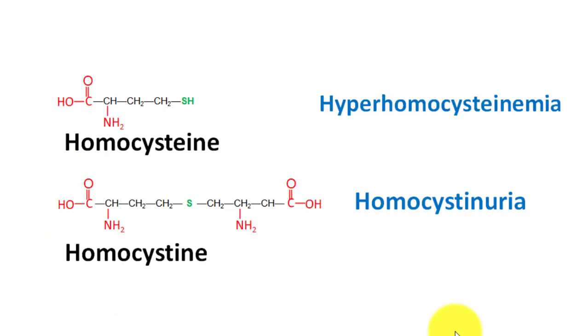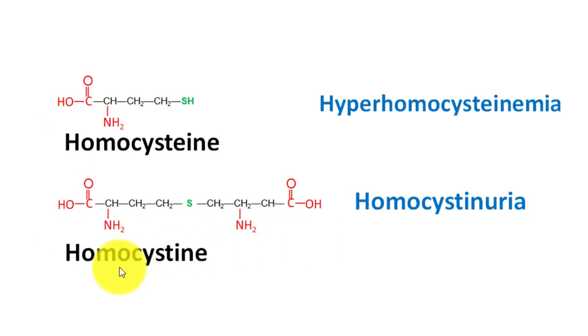Now let's talk about these two conditions, homocystine and homocysteine. Homocysteine is a single amino acid, converted from methionine. This is homocysteine, and this is homocystine. Homocystine is made up of a dimer of homocysteine, and it appears in blood because it has two carboxyl groups. It is more soluble in blood.